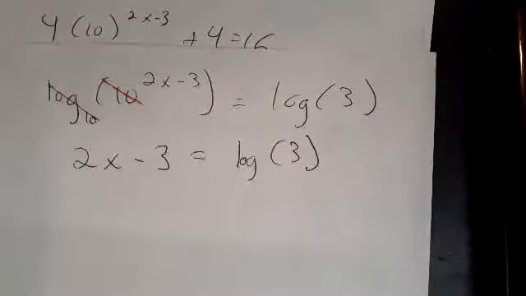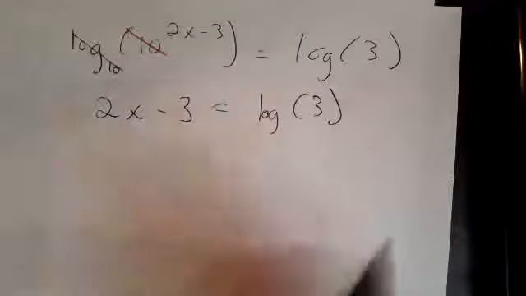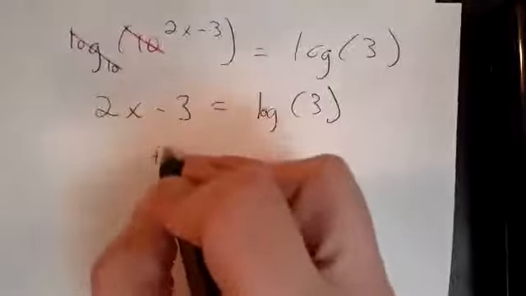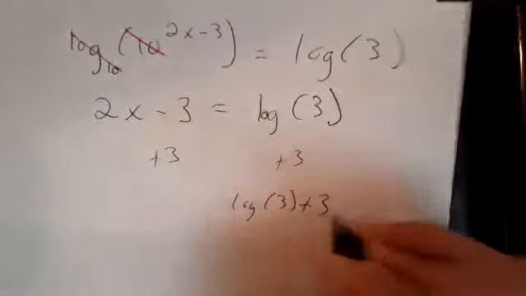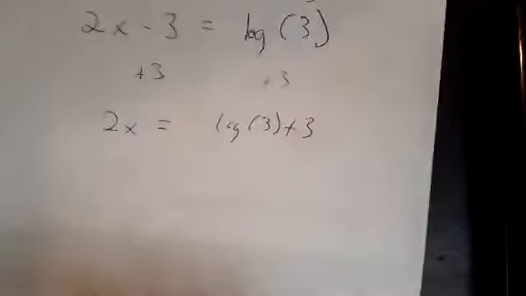Whatever that is, it is not an easy, pretty number. We'll do a little more solving. If I want an exact solution, I want to solve for x. I want to add 3: log 3 plus 3 equals 2x. And then the last thing I want to do is divide by 2.